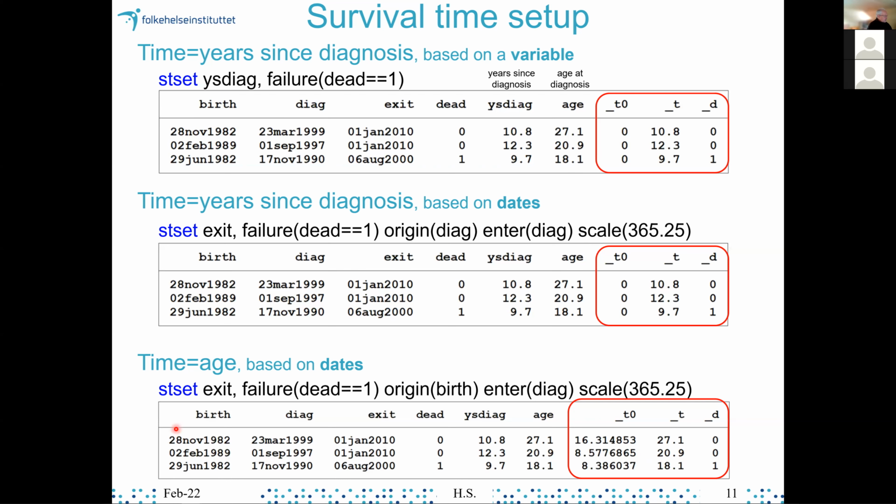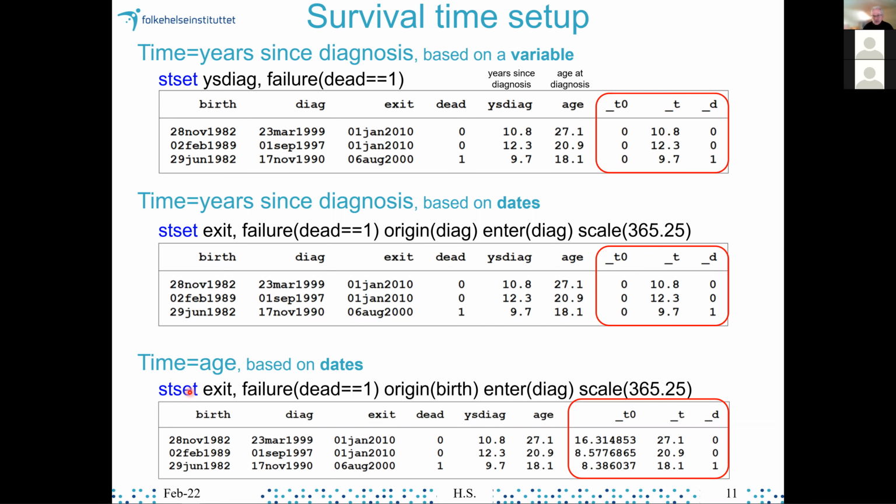And I should say that stset is a very powerful command that can accommodate lots of different situations, and it also does a quality check of the data behind the lines for us. So that's quite important to use that one. And in fact, you have to use it as your first command in a survival analysis.